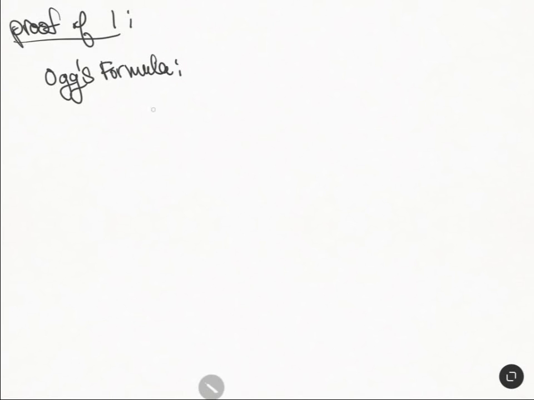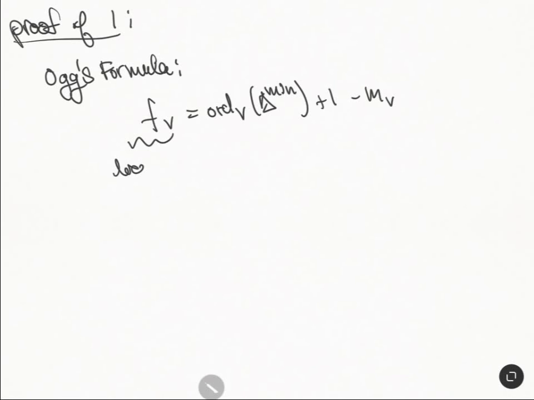Ogg's formula states that the local conductor, so this has to do with Tate's algorithm and this sort of thing, plus 1 minus m_v, where this is the local conductor, this is the order of the minimal discriminant, and m_v is the number of irreducible components of the Néron model of E over K.